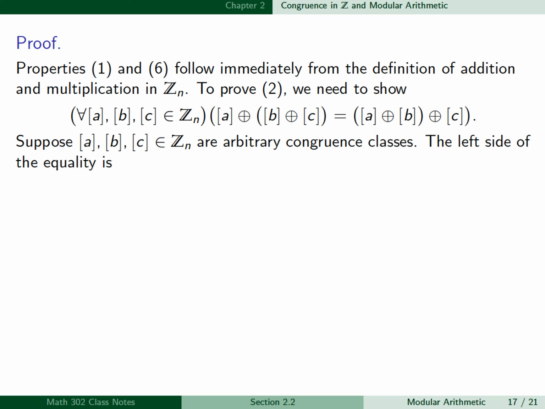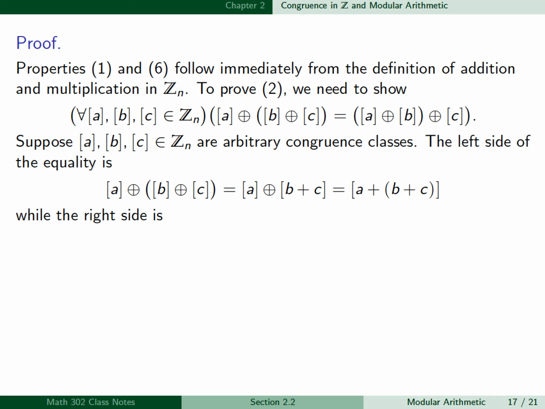The left side of the equality is A plus the quantity B plus C, and according to the definition of the addition of congruence classes, this will be the class of A plus the class of B plus C, which is then equal to the class of A plus the quantity B plus C.